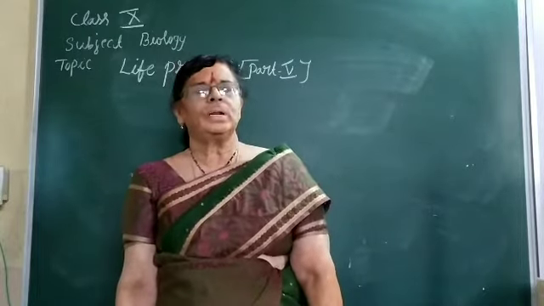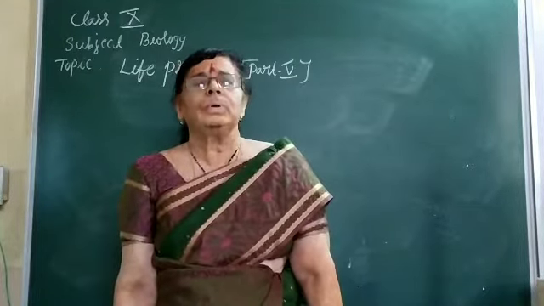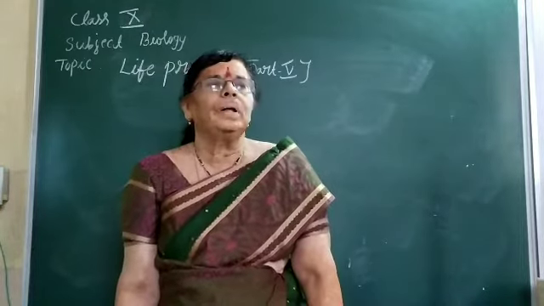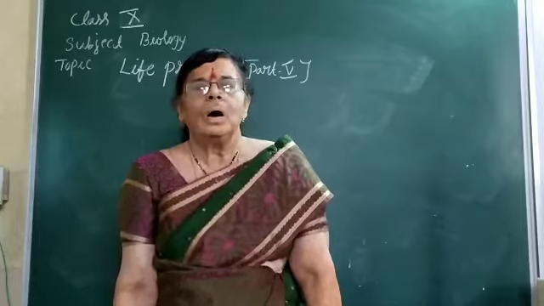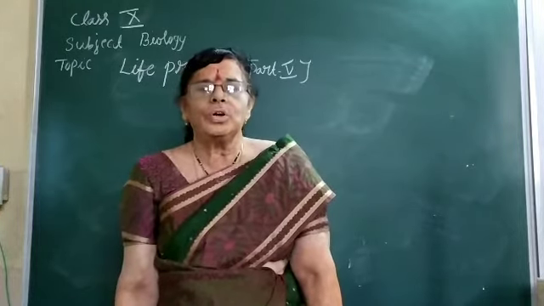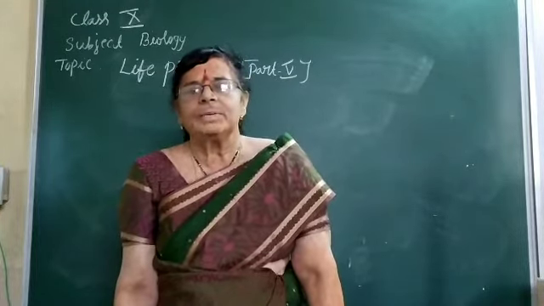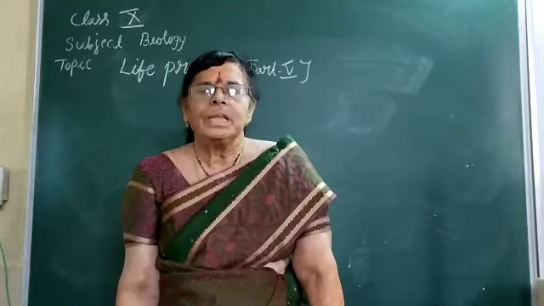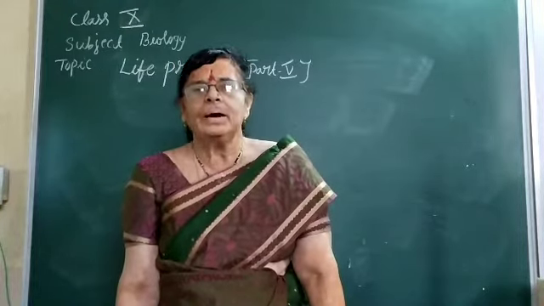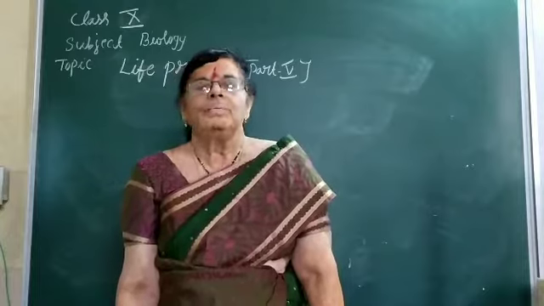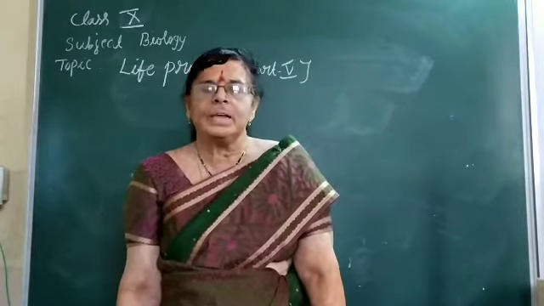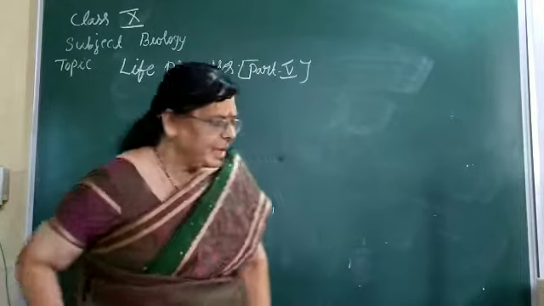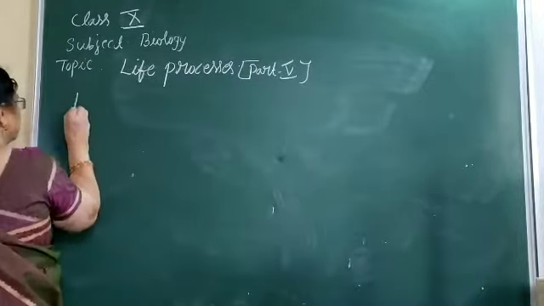You have learned in the lower classes that animals starting from reptiles, birds, mammals, all these animals breathe through the lungs. We say lungs are the main respiratory organs. Today we are going to discuss how respiration takes place in human beings. Respiration in human beings.